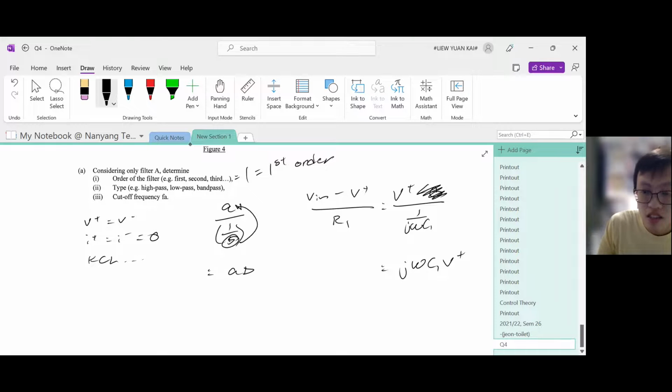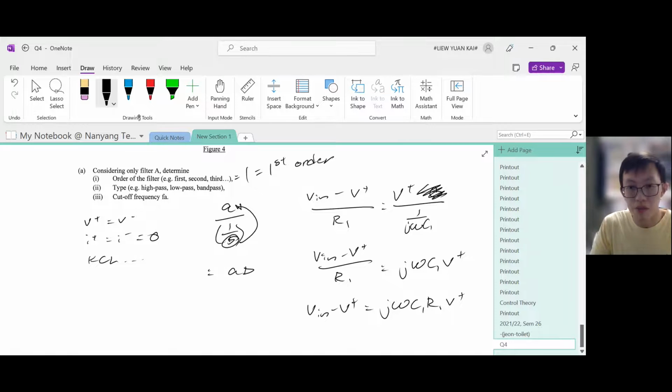Okay, so I have this, I just copy it down. I shall move this to this side, multiply it to the other side. I shall get J omega C1 R1 V plus, and then I will group all the V plus terms together.